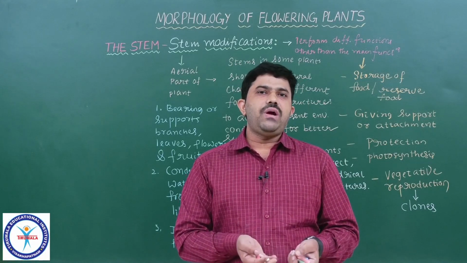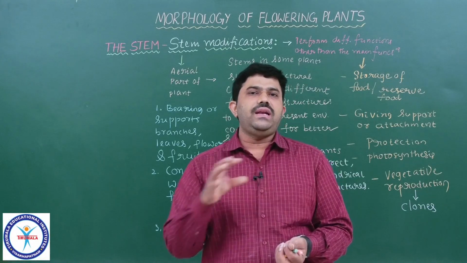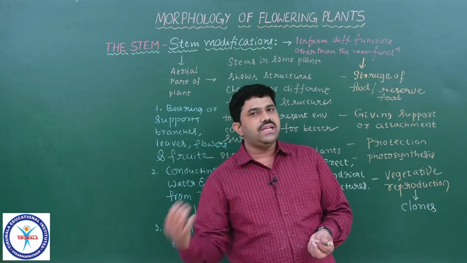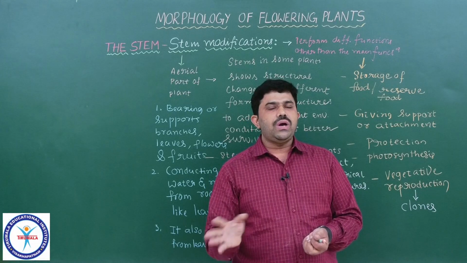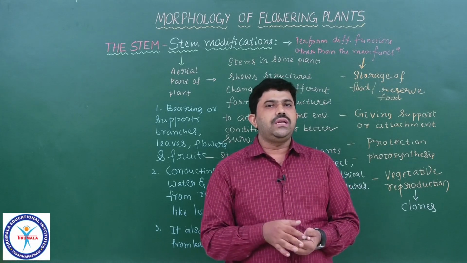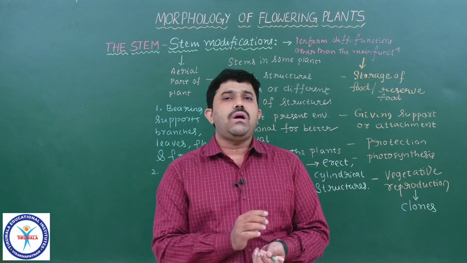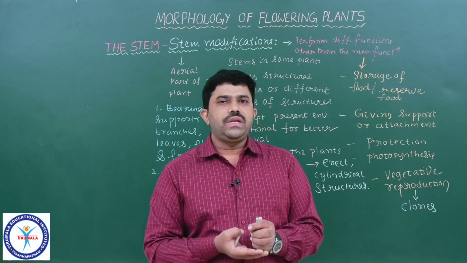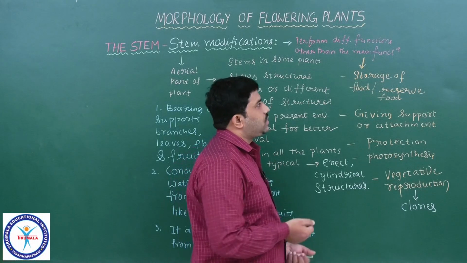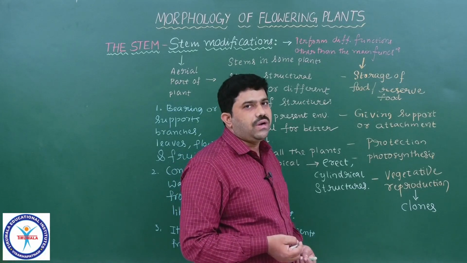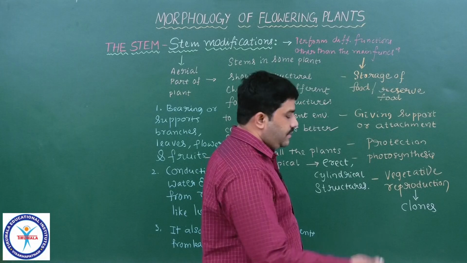These come in contact with the air, the outer environment, as well as the soil. Such kinds of stem modifications are called subaerial stem modifications. Now have a look at those three different types of stem modifications. Understand?